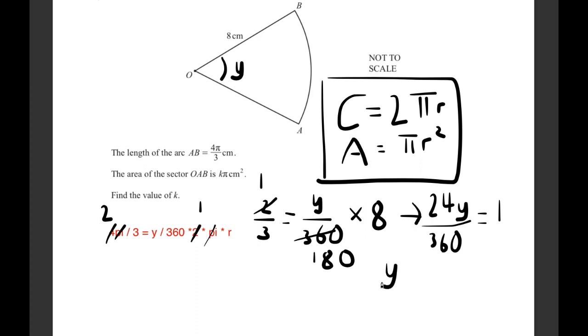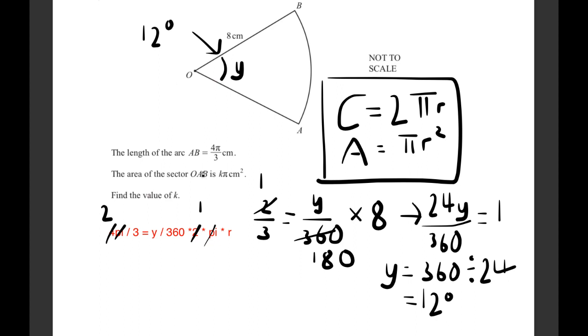So y is equal to 360 divided by 24. That's going to work out nicely, isn't it? Divided by 24. And if I'm not mistaken, that is equal to 12. So we've now worked out the angle of our sector there. So that's going to be 12 degrees, like so.